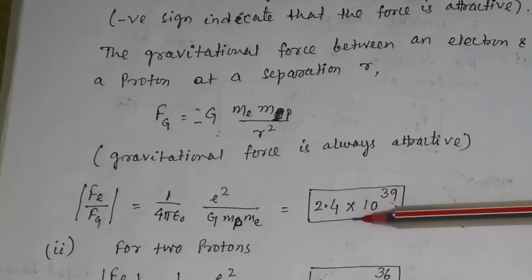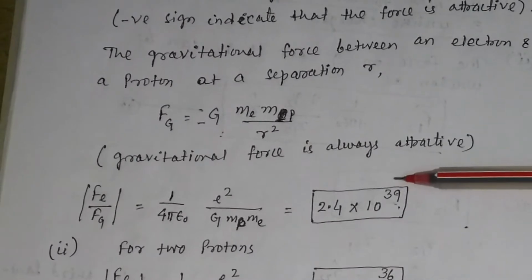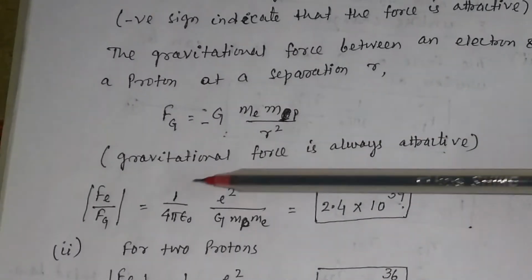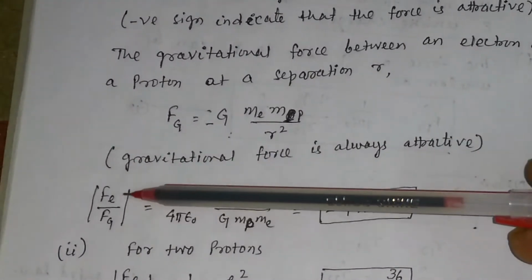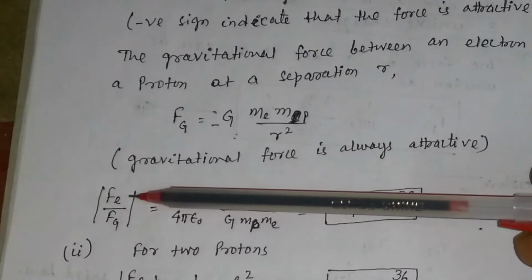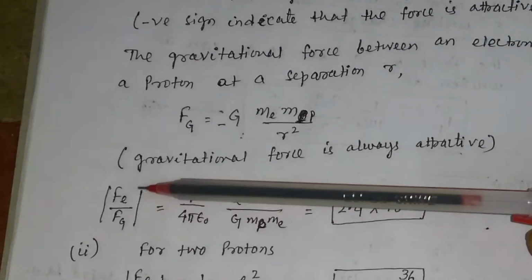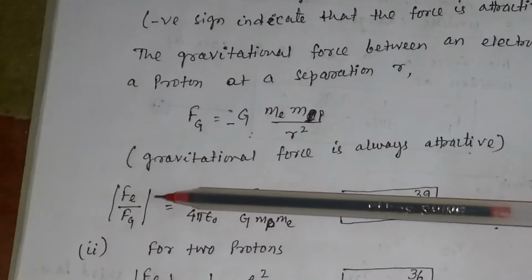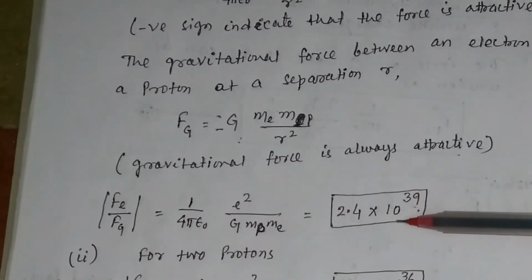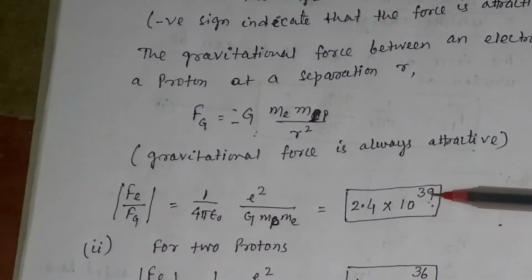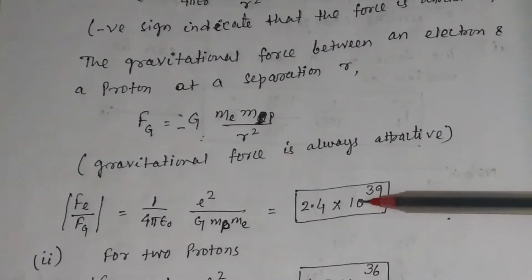You remember the order, 10^39. So the gravitational force is very small in comparison to the electric force. The electrostatic force between an electron and a proton is about 10^39 times bigger than the gravitational force.